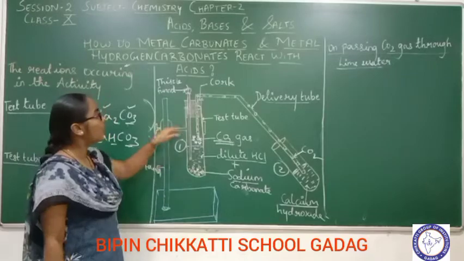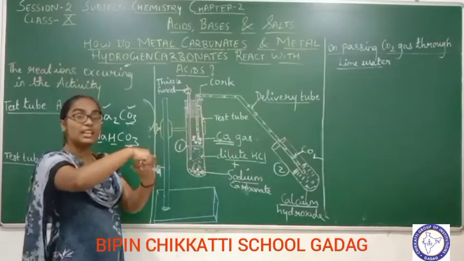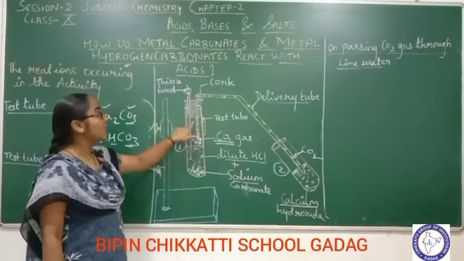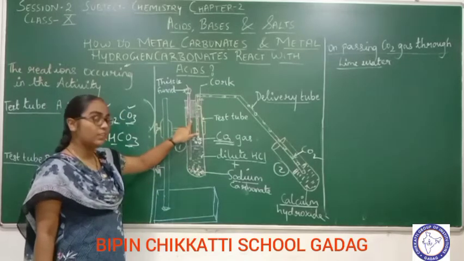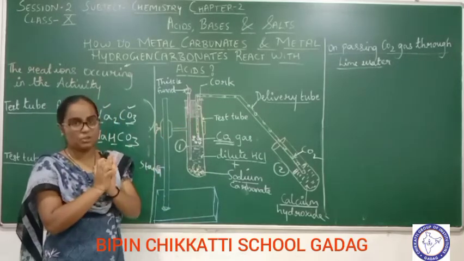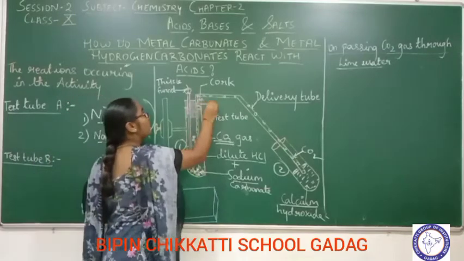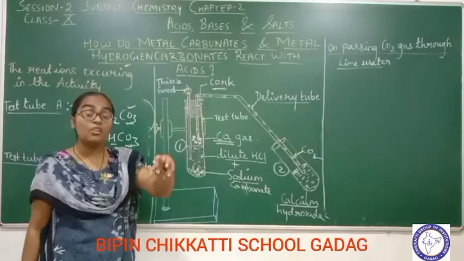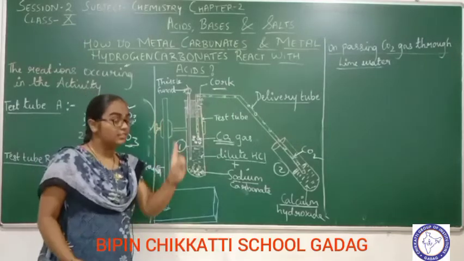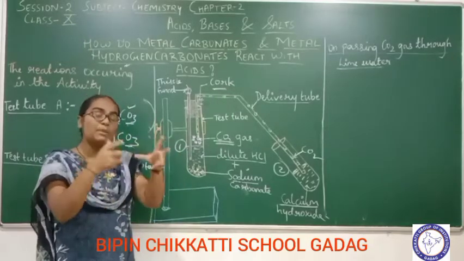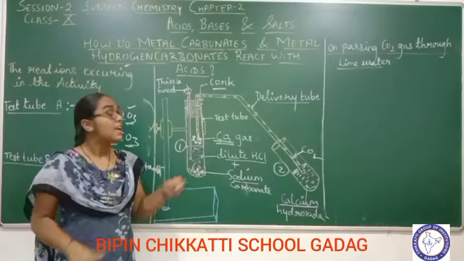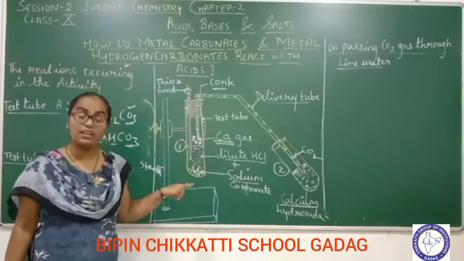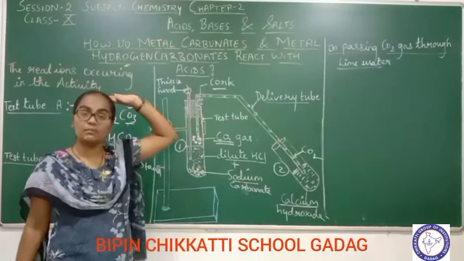And then above that you can see this wooden kind of thing fitted into the test tube, so that the delivery tube and thistle funnel remain intact with the test tube. This wooden thing is called a cork. The cork makes sure that the thistle funnel and delivery tube are tightly fitted with the test tube, because whatever gas evolves from test tube A should not escape into the atmosphere.